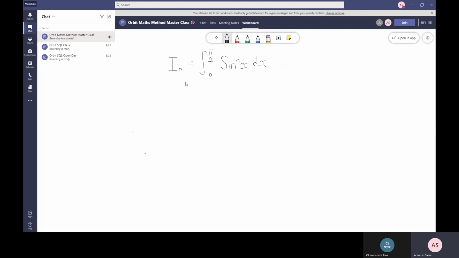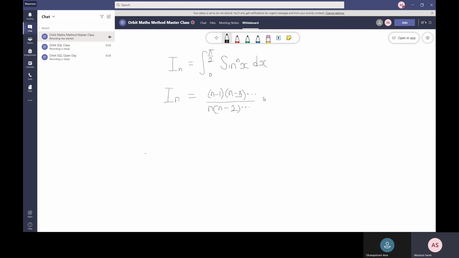So I_n for this is now given as (n minus 1) multiplied by (n minus 3), dot dot dot, all over n times (n minus 2), then dot dot dot.